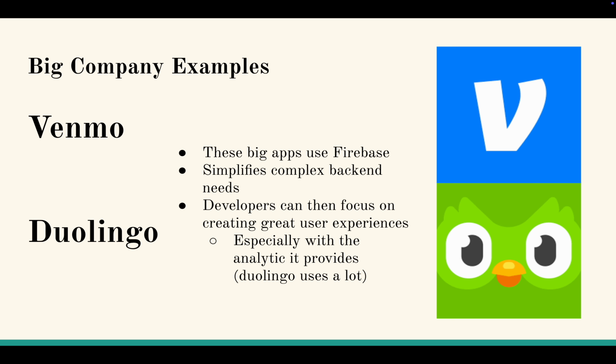One thing I like about Duolingo is, if you look it up, there's a documentary about it, they really look over the analytics in Firebase, just to see when they want to remind people to use their app and what time of the day to set those reminders, and when people are actually on the app. So they use that pretty wisely.